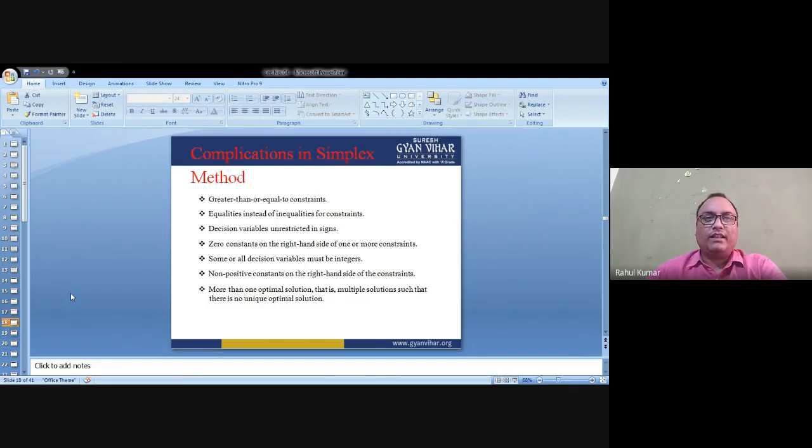This slide shows the complications in the simplex method.